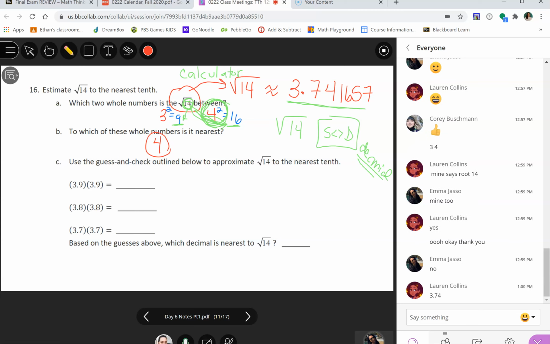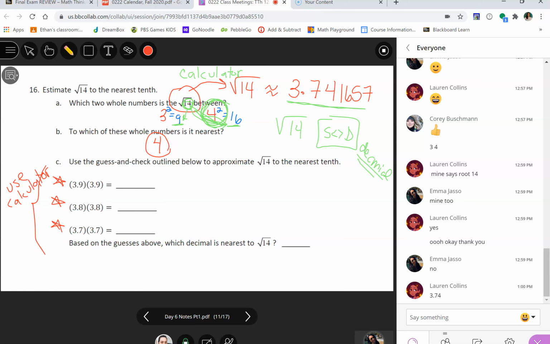Stick to your calculator. MyMathLab is going to have you do guess and check to find it. So it's literally going to have you multiply a whole bunch of decimals, which you'll just use your calculator for, and see which one it's closest to. And then you'll see it's closest to 3.7 times 3.7. But just use your calculator, basically, is what I want to say on this. You'll be allowed to do that if this comes up on a final. But let's just practice putting these in.